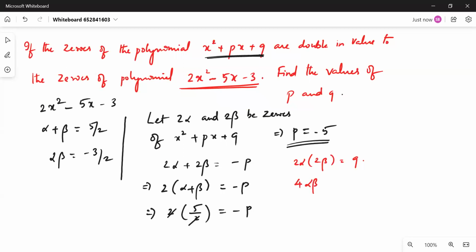That is 4 alpha beta equals q. What is alpha into beta? Minus 3 by 2. So 4 times minus 3 by 2 equals q, cancel out, and q value will be equal to minus 6. Clear? Important, 3 marks question, sir.